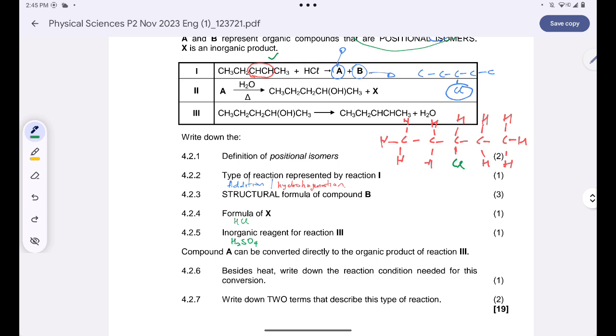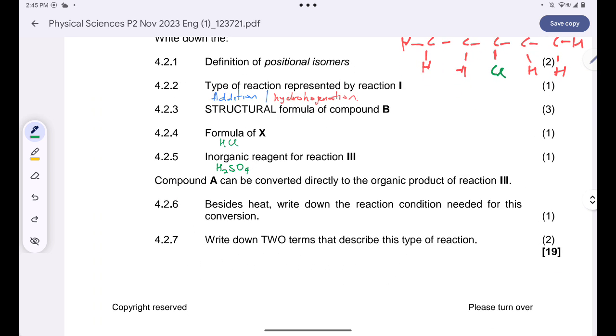And the condition for elimination, you need a concentrated strong base. Are you together? And your strong base can be potassium hydroxide, sodium hydroxide or lithium hydroxide. Please note that they have to be concentrated because you are eliminating.